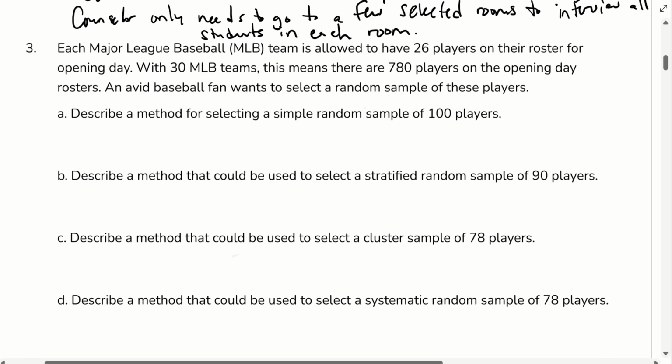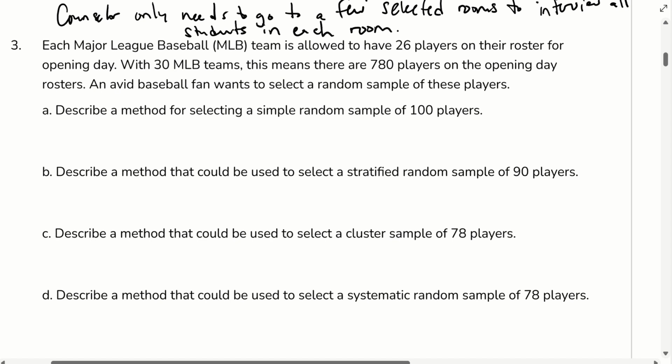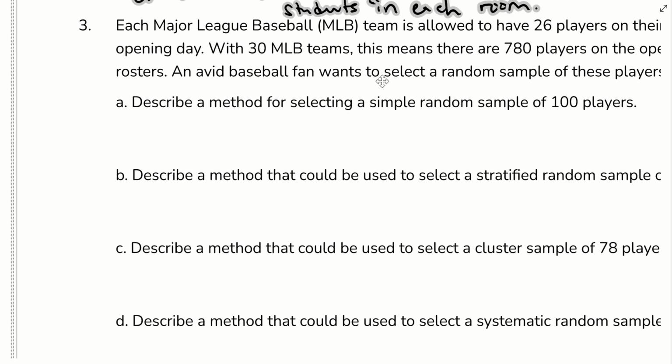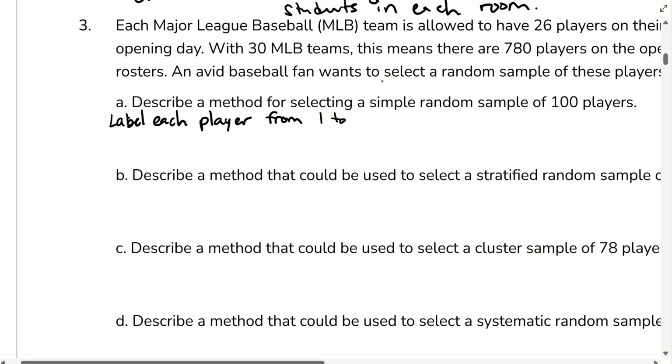So first off, we want to label each player. There's 780, right? And let's use a random number generator. So label each player from 1 to 780.